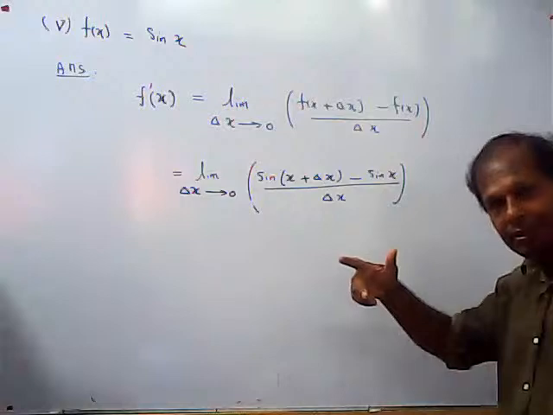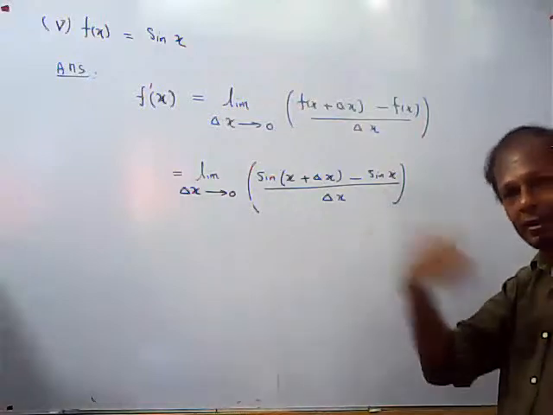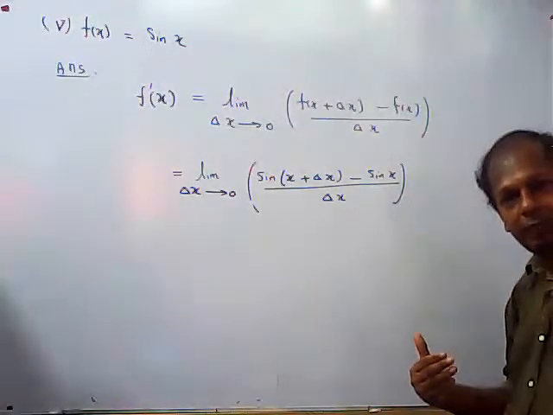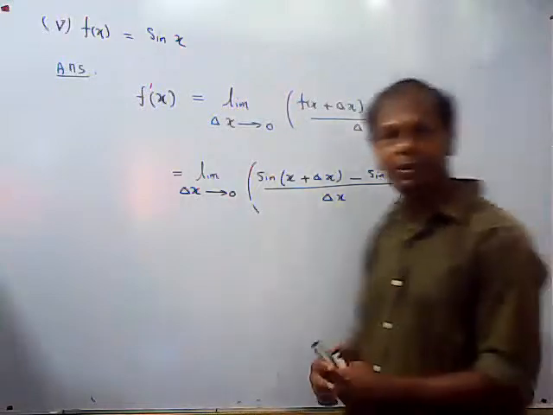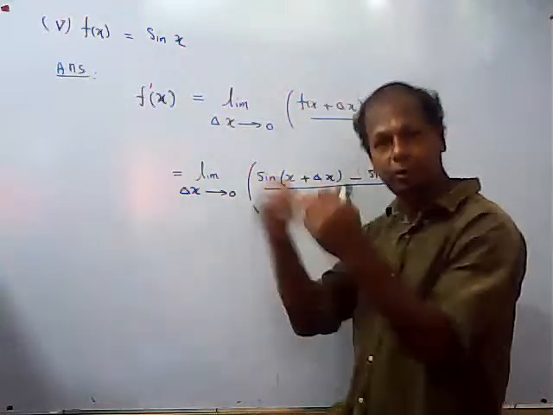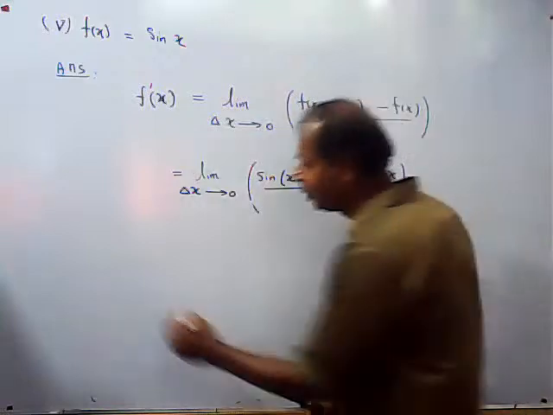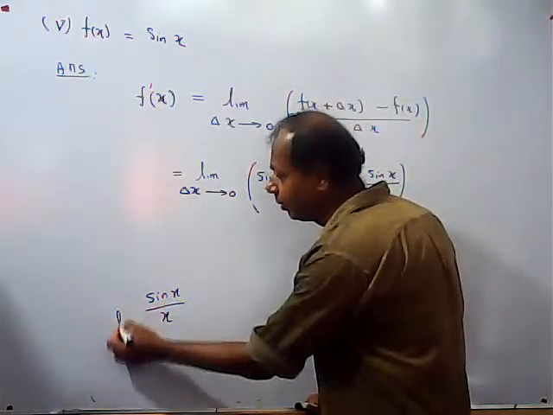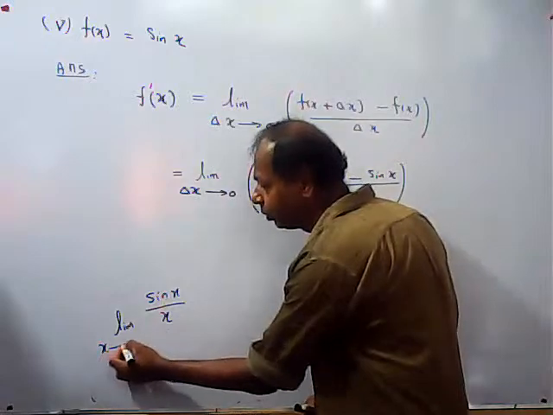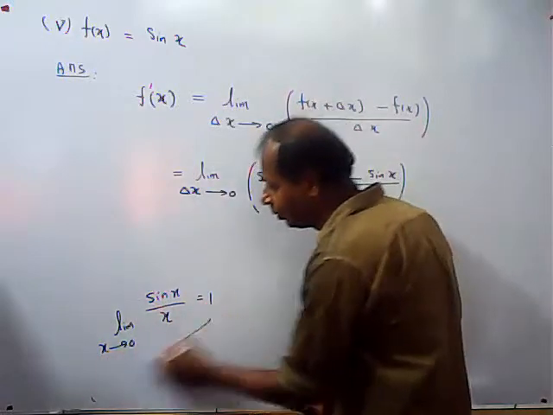in limits, trigonometry is connected with limits via a single theorem, right? Only one theorem we had to connect trigonometry with limits, so that is sin x over x, limit as x goes to 0, this is equal to 1.